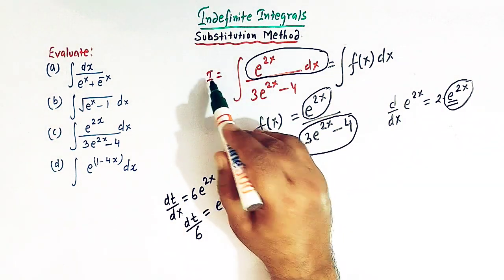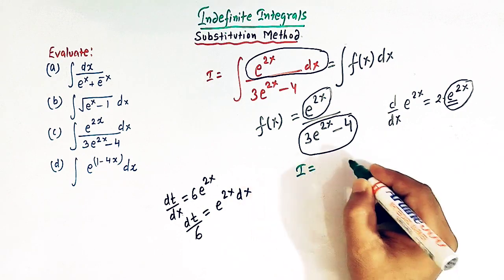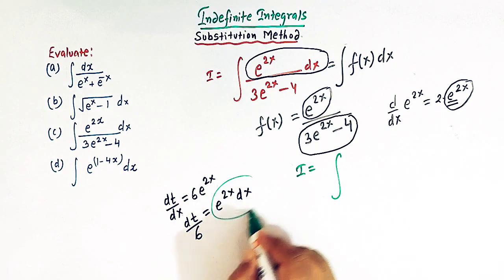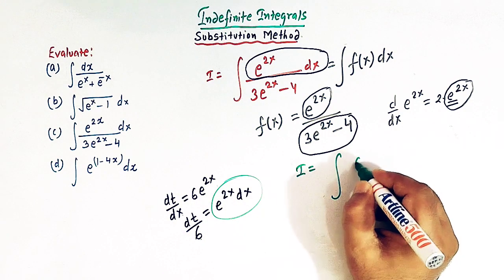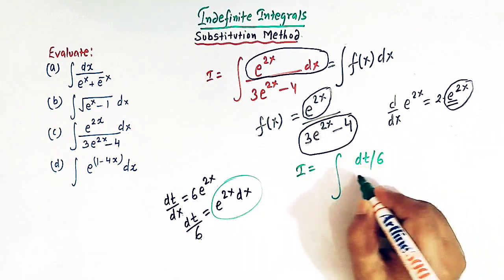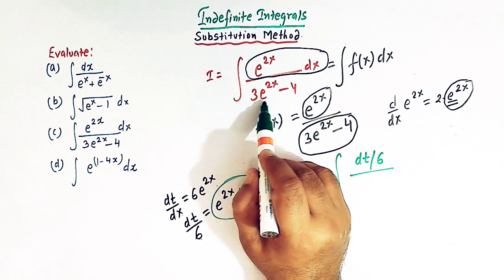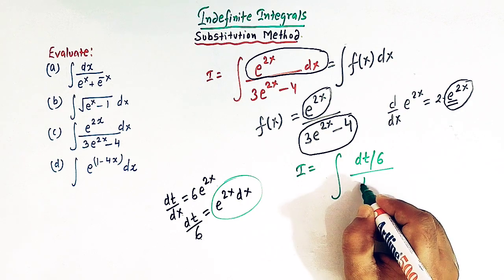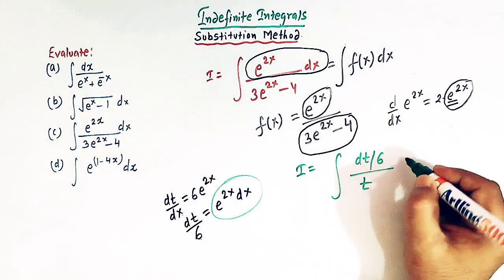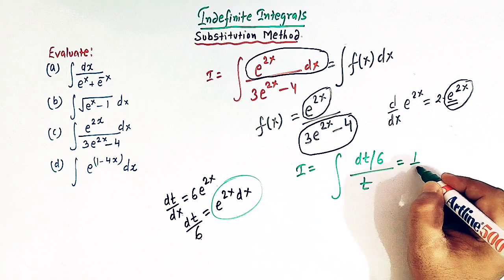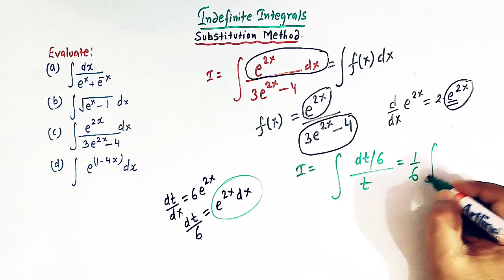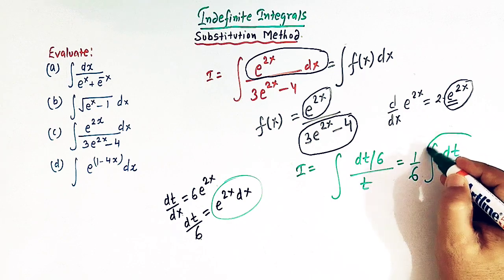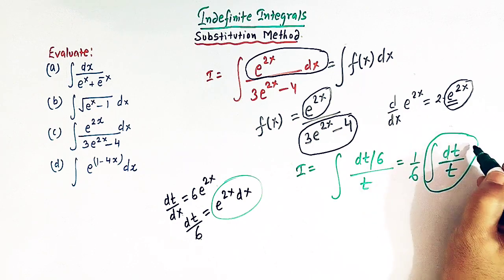So now this integral I can be written as the integral with dt over 6 in place of e raised to 2x dx, and for 3 e raised to 2x minus 4, we can write simply t. Now we can take 1 over 6 outside the integral, and we have dt over t. Now we see that this is a known integral.